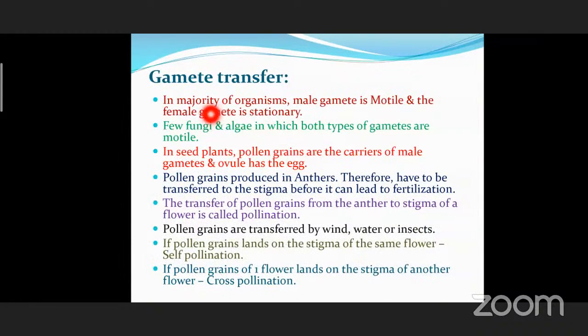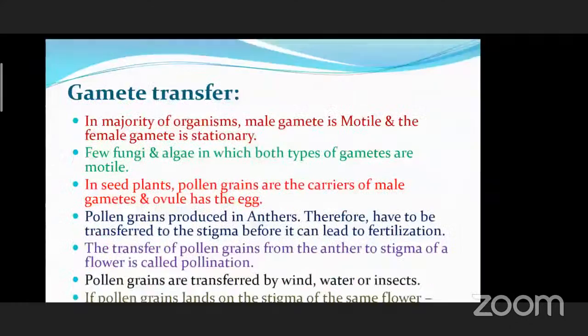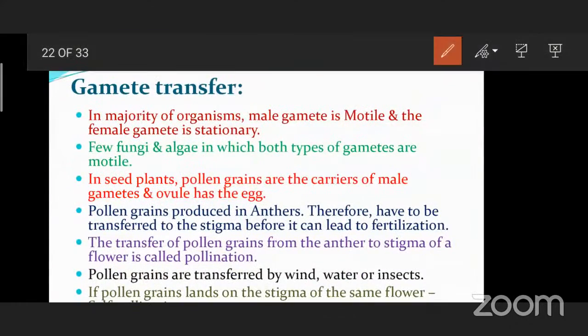Next, pre-fertilization events. The first one is gametogenesis, the second one is gamete transfer. In the majority of organisms, the male gamete is motile and the female gamete is stationary. That means the male gametes, antherozoids, have flagella, so they are motile in nature.